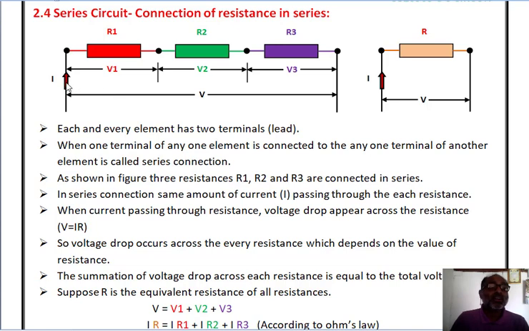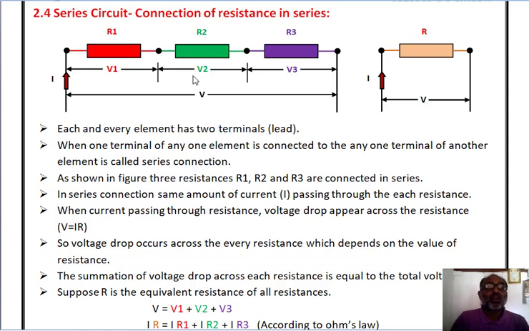Now when this current I flows through this resistance, a voltage drop appears across the resistance according to Ohm's law, V is equal to I into R. So the voltage drop across every resistance depends on the value of this resistance. Here V1 is the voltage drop across resistance R1.